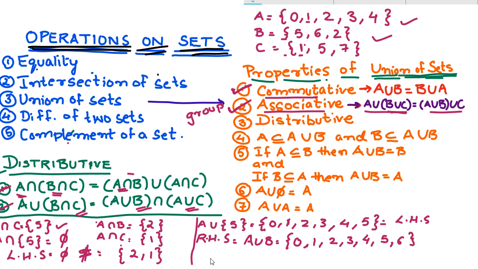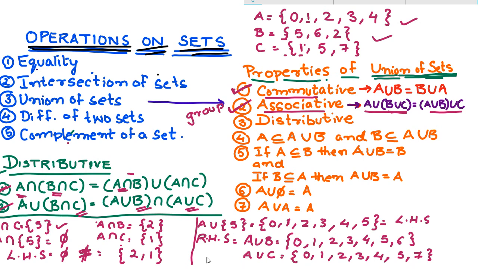And now you need to find out what is A union C. A union C is 0, 1, 2, 3, 4 and then you have 5, and you don't have 6, you have 7.